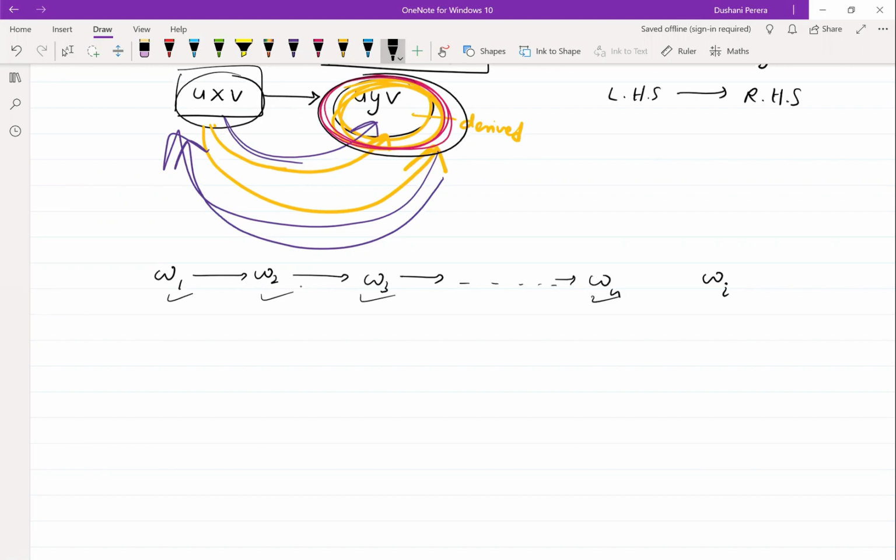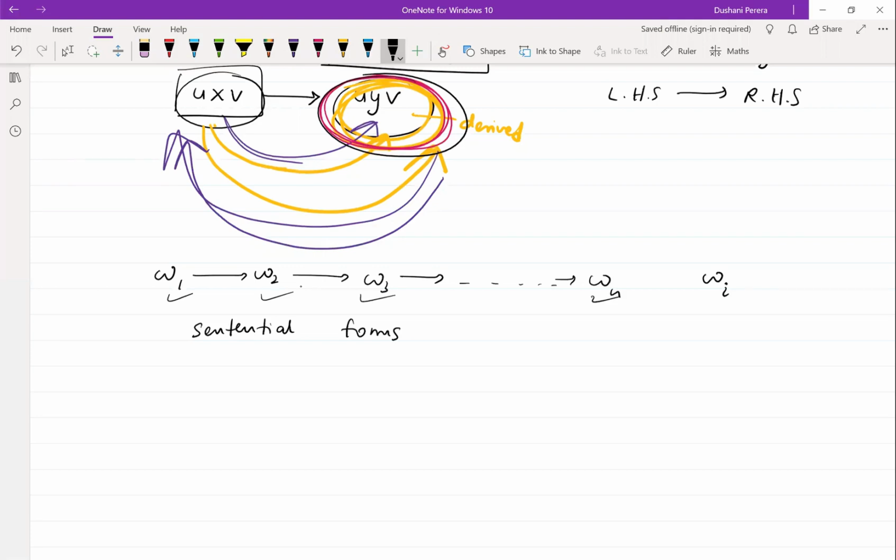It continues. These derivations we get are called sentential forms of the derivation.